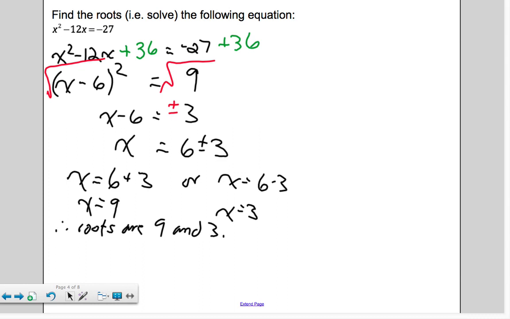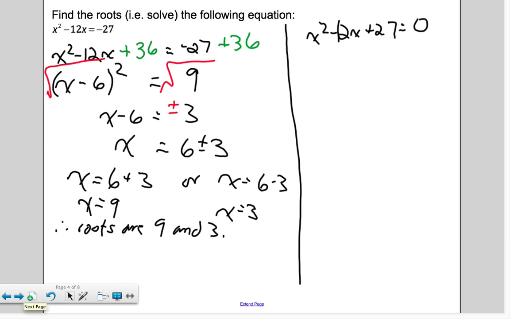Right? I want to follow on what Marcus was talking about. So another way we could do this was, well, Marcus said from the beginning, what happens if I add 27 to both sides? So we get x squared minus 12x plus 27 is equal to 0.